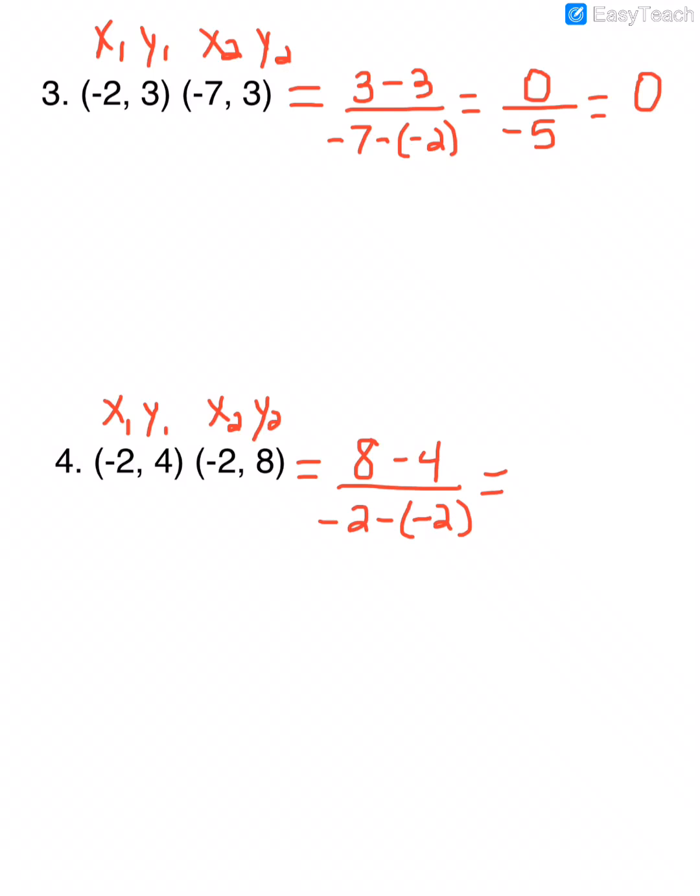Okay, 8 minus 4 is 4, and negative 2 minus a negative 2, that would be like negative 2 plus 2, which would be 0. Well, remember, if 0 is in the denominator of my fraction, then that means it's undefined. So my slope here is undefined.